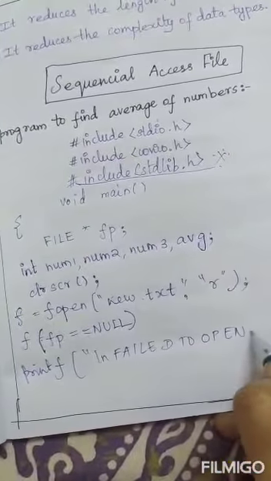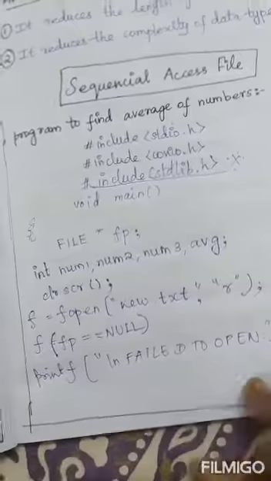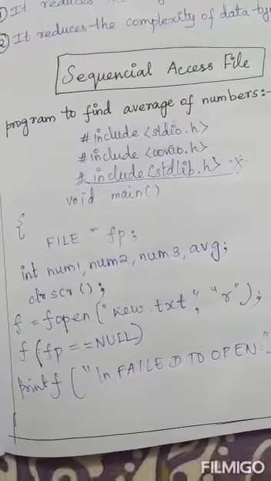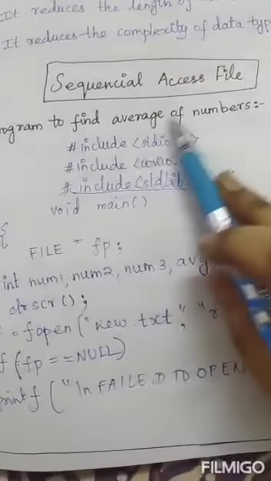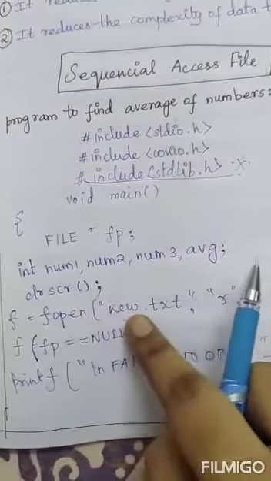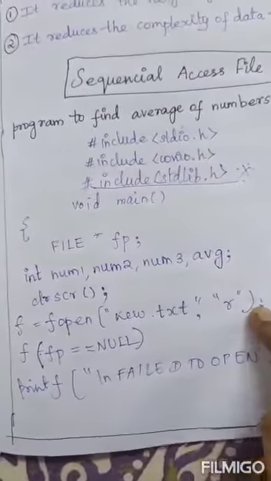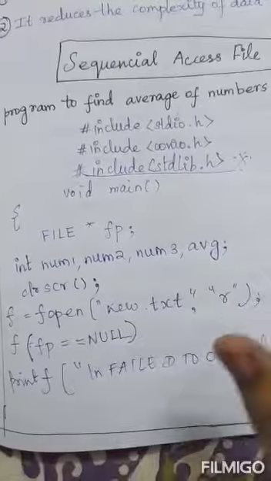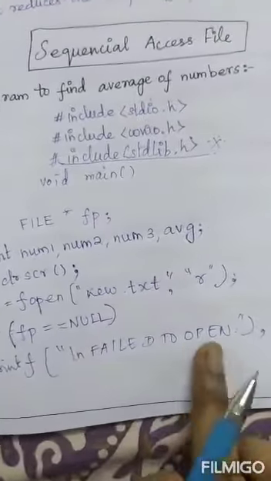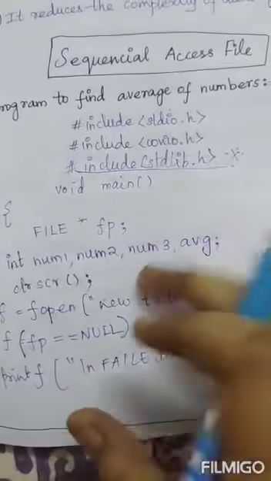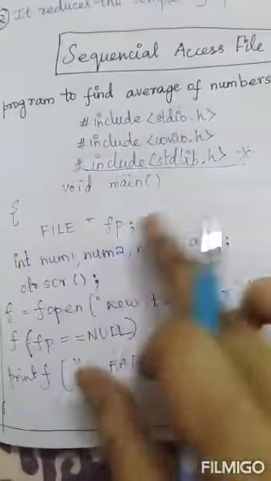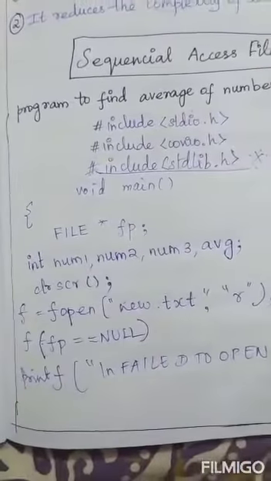Whatever notepad or Word document we open to find the average of numbers, first I will open it by saving it as new.text and reading it. If that text doesn't contain any content, the output will be failed to open. Else, if it contains numbers, like the three numbers we are giving, we will find the average.